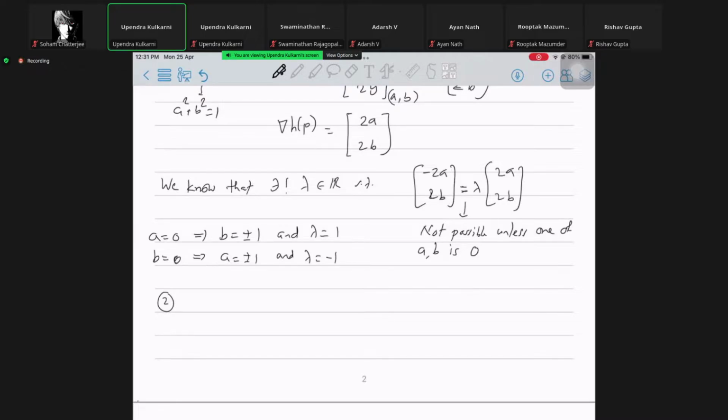U is just R2, and I want to find the extremum of f of x comma y equals y, subject to the constraint h of x comma y equals y minus some function g of x equals 0. This is a very strange way of saying something very simple. So just take a moment to see what this is saying.